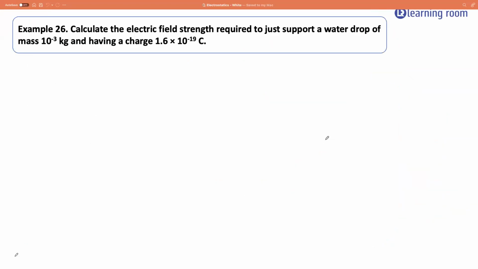So having said this, tell me how to calculate this. There is a drop of water. Calculate the electric field required to just stop the water drop of mass 10 power minus 3 kilogram having a charge of 1.6 into 10 power minus 19 coulomb.